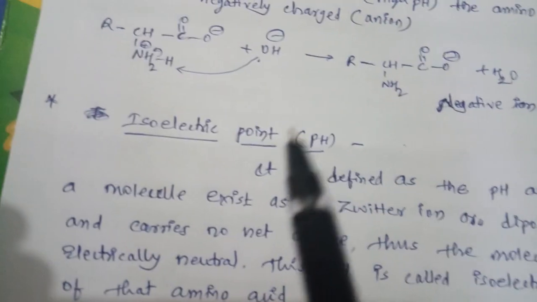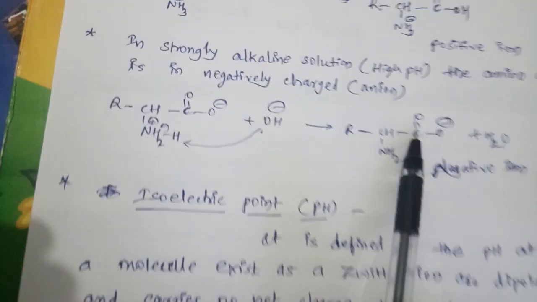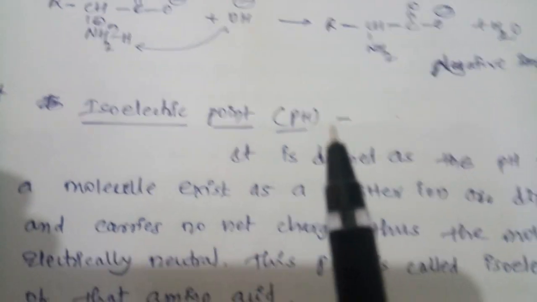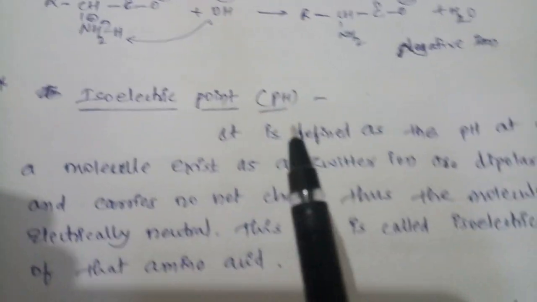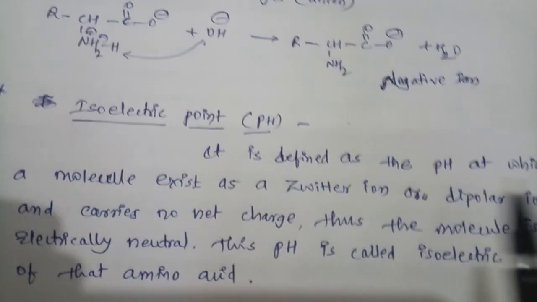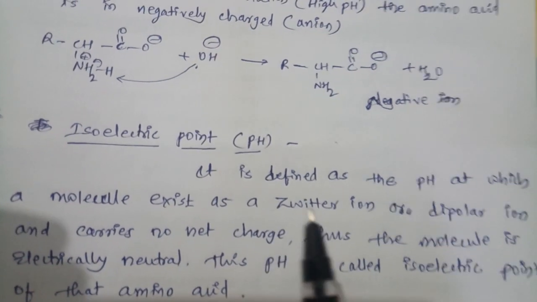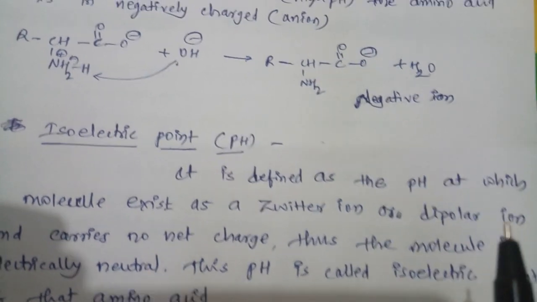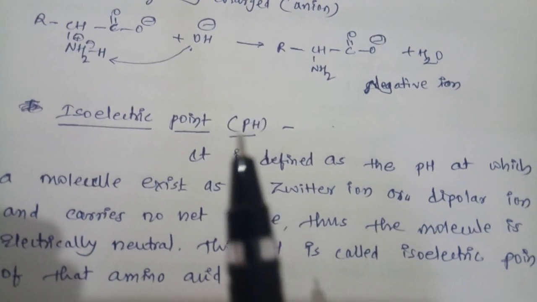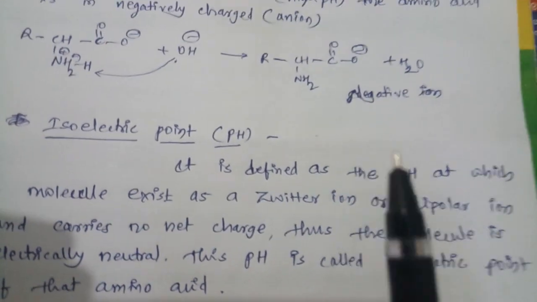So the next point is the isoelectric point, also called the isoelectric pH. It is defined as the pH at which a molecule exists as a zwitterion or dipolar ion. This isoelectric point is also called a neutral pH.